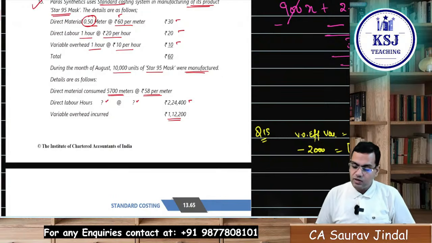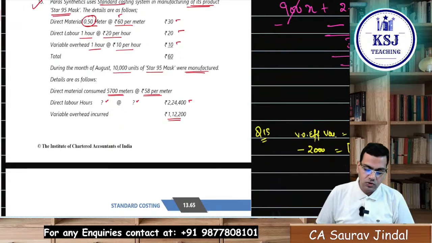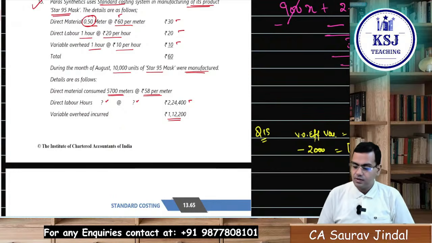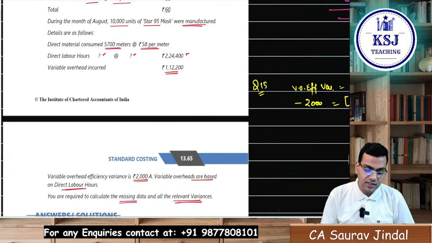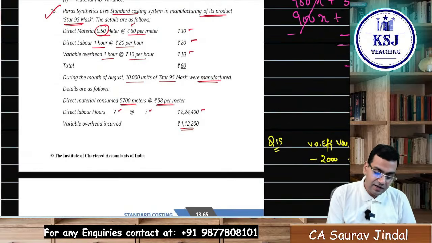So we can calculate actual hours also. Can you tell me the standard hours for actual output? That is 10,000 hours minus actual hours we need to calculate, multiplied by what is the standard rate? Standard rate is this one, 10 rupees.